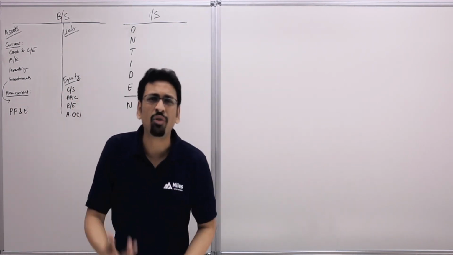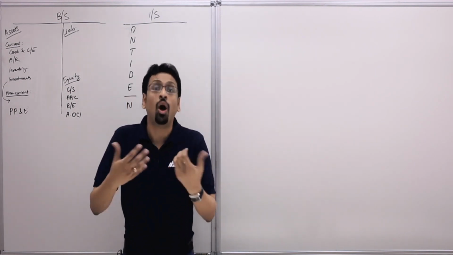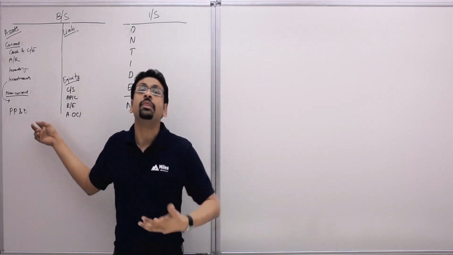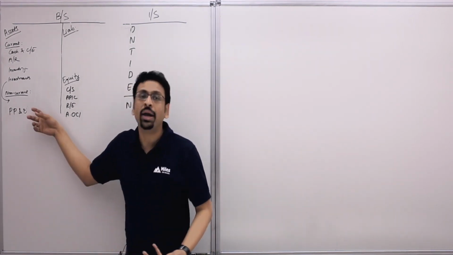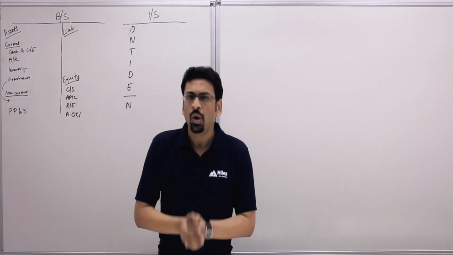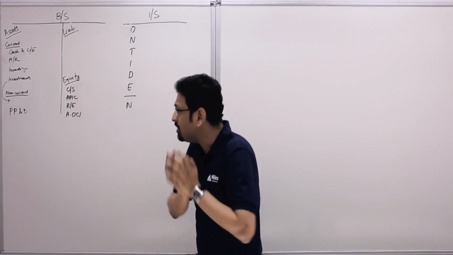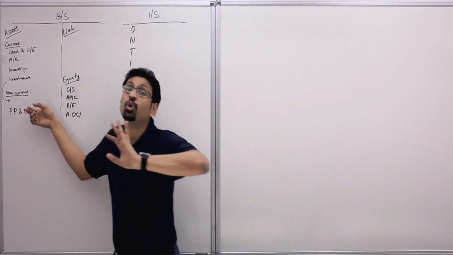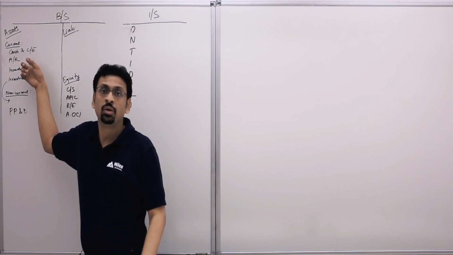Now this would be a sort of avoidable interest, right? Think about it. If we had not constructed the PP&E, the interest would have been avoided. So this is avoidable interest. Now, what you need to remember here is we are capitalizing interest on PP&E, but we do not capitalize any interest on inventory.